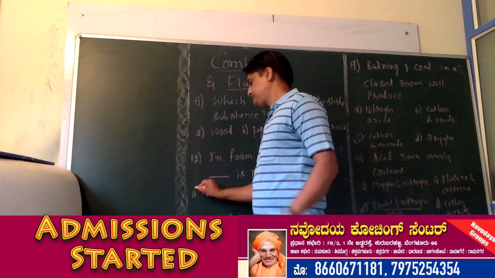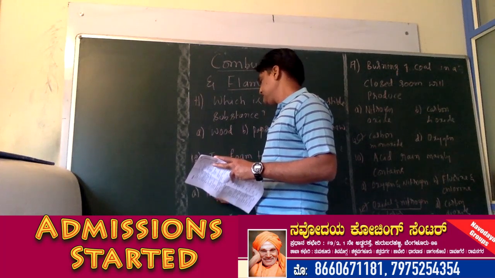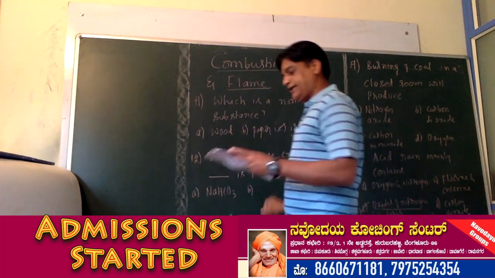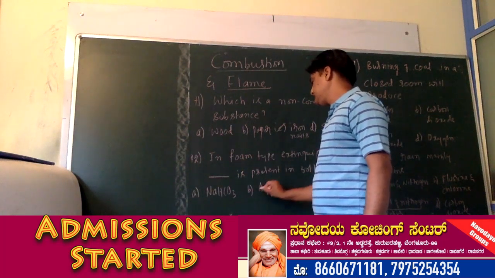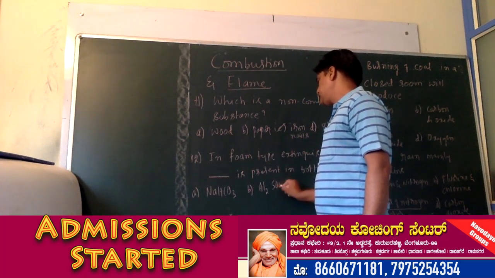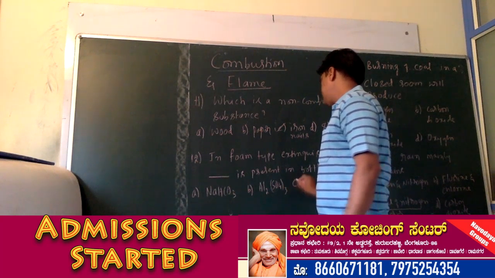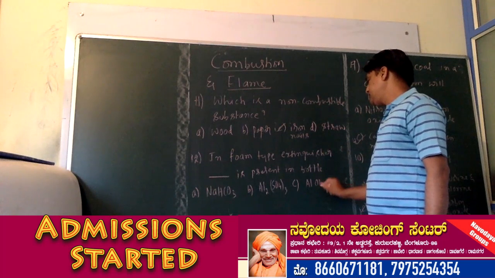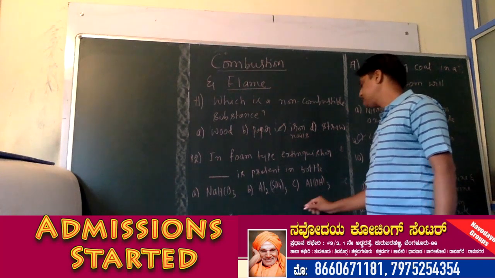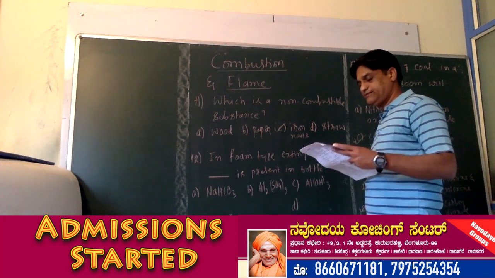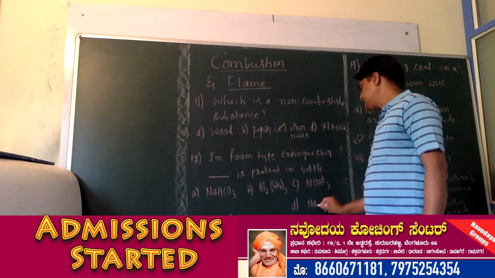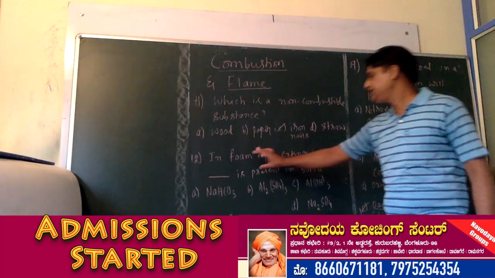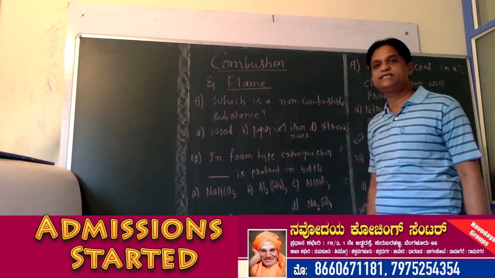Option A, NaHCO3, sodium bicarbonate. Option B, Al2(SO4)3, aluminium sulfate. Option C, aluminium hydroxide, Al(OH)3. Option D, sodium sulfate, Na2SO4. See, in foam type extinguisher, dash is present in the bottle.